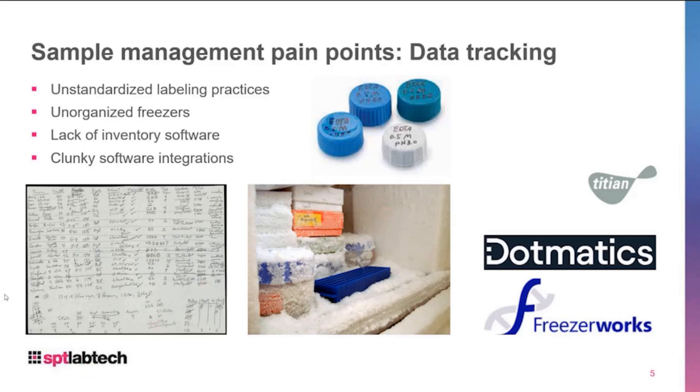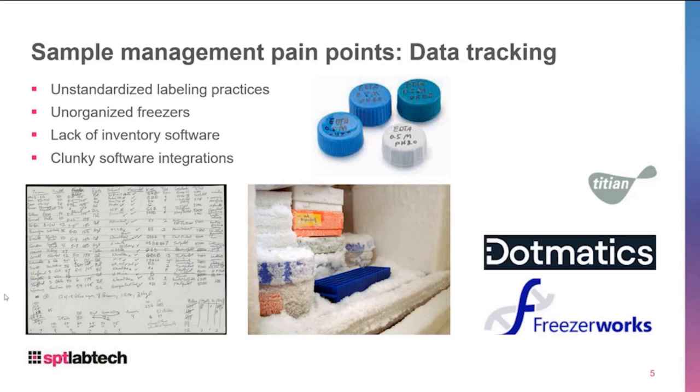And really the data tracking throughout leads to a more inventory-driven, standard-driven practice. So, unorganized freezers, lack of inventory software can really cause problems in growth of a sample management business.